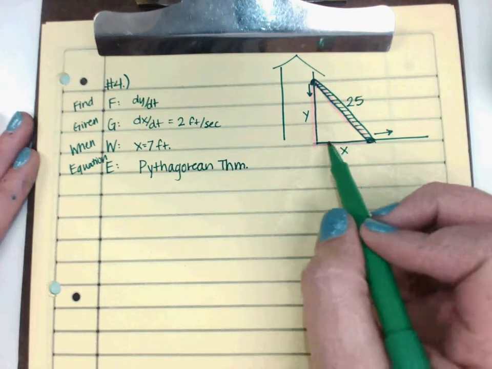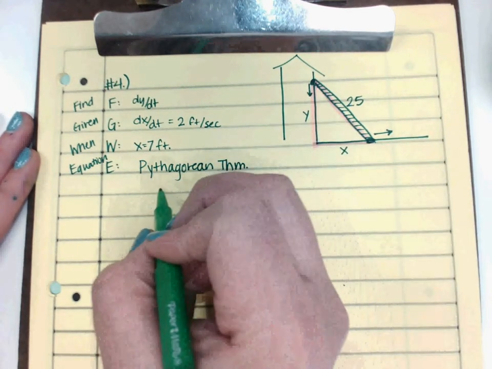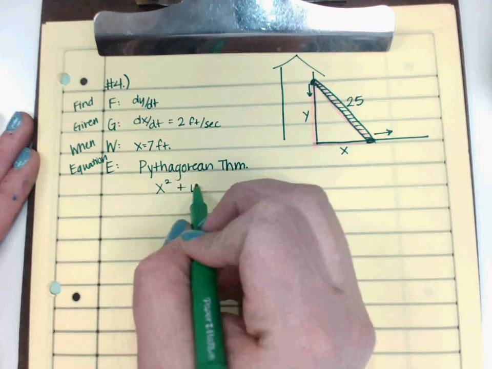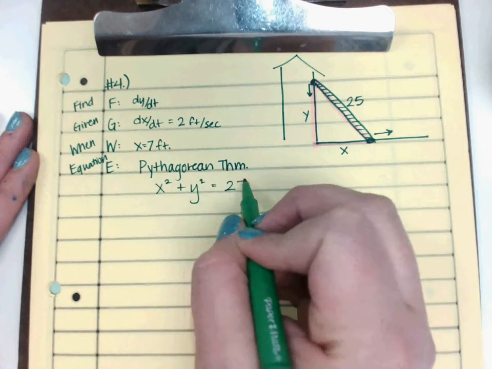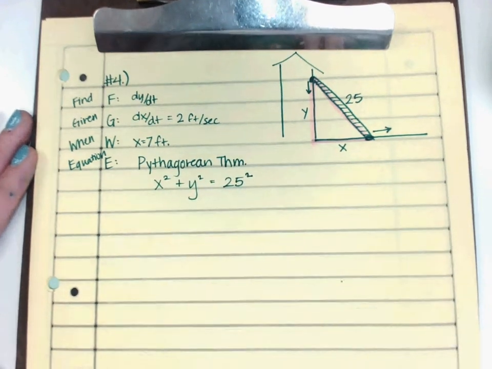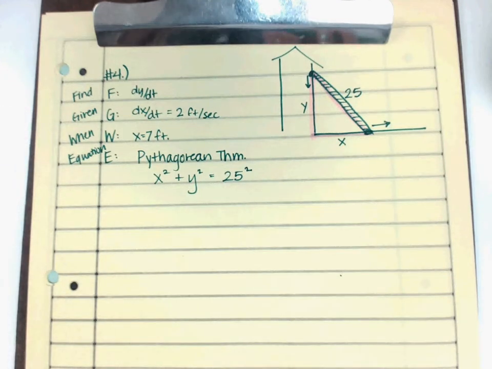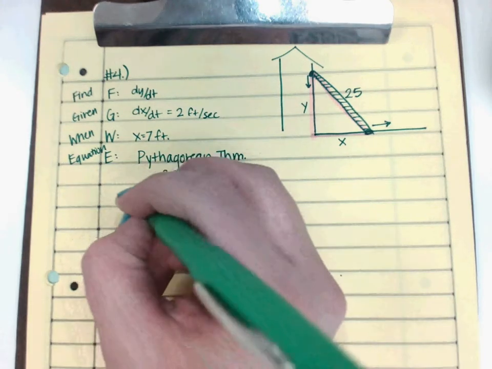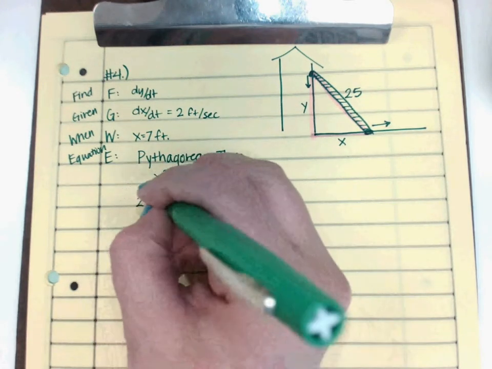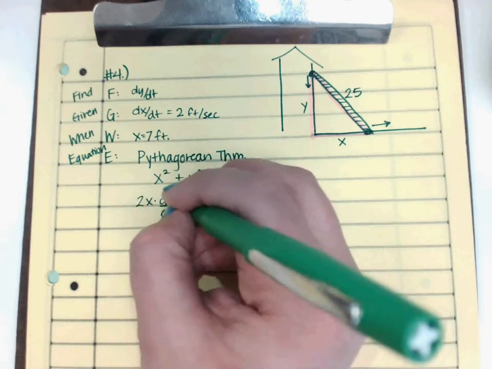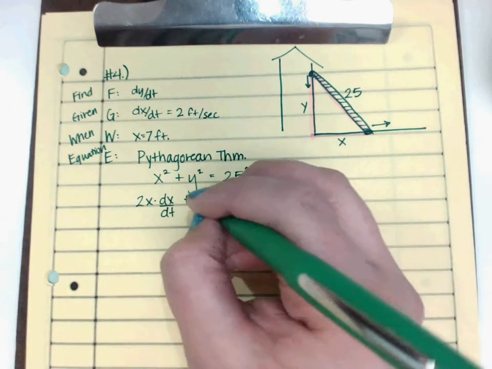So I'm going to do x squared plus y squared equal to 25 squared. So far, so good? Okay, take the derivative. Remember, we're taking the derivative with respect to t, so what's the derivative of x squared? 2x dx dt. What's the derivative of y squared?